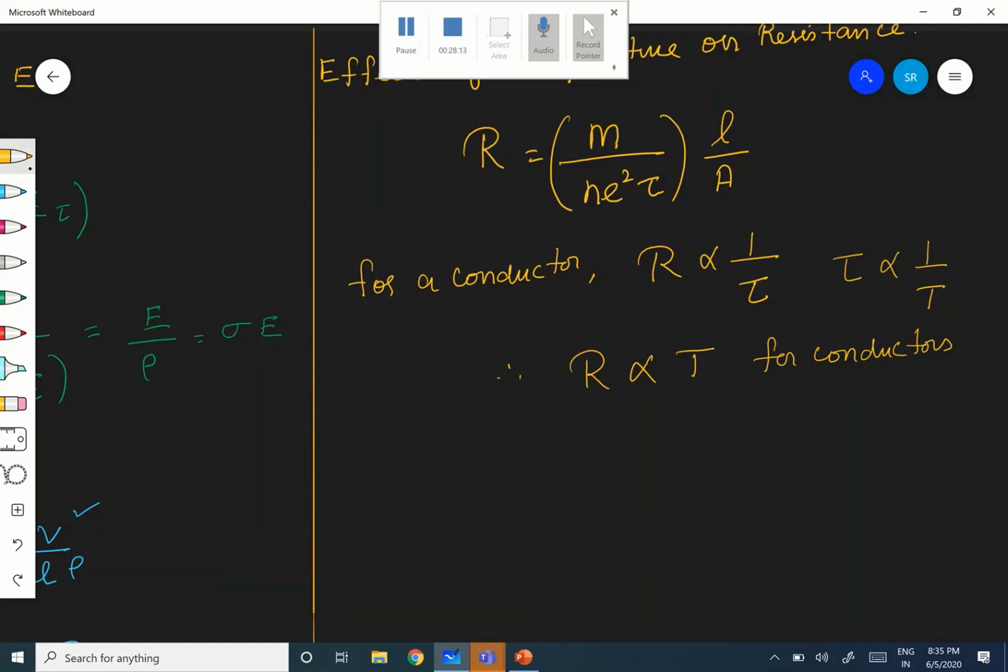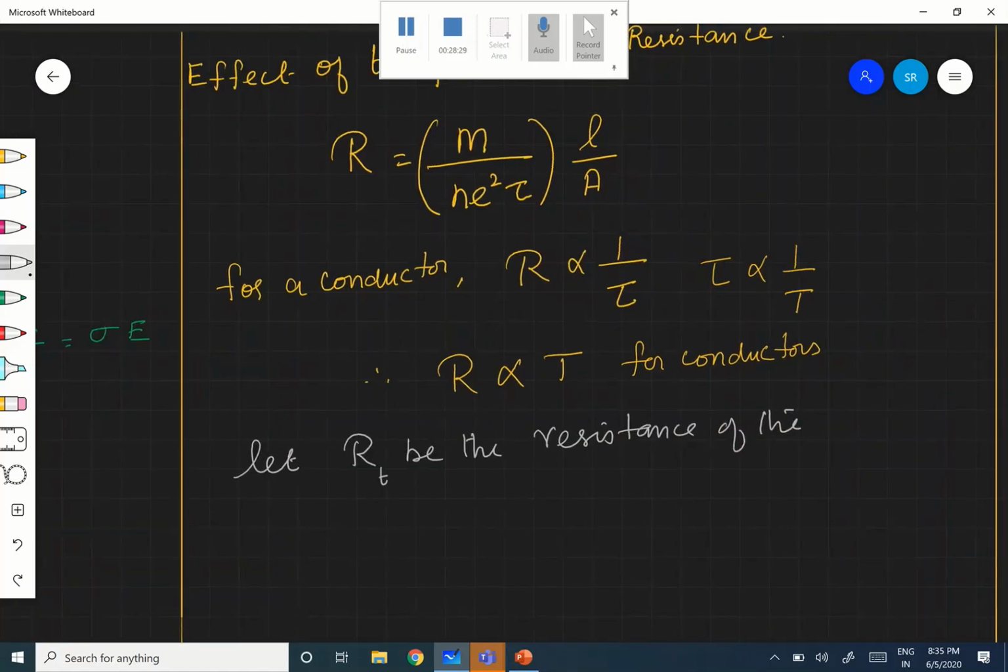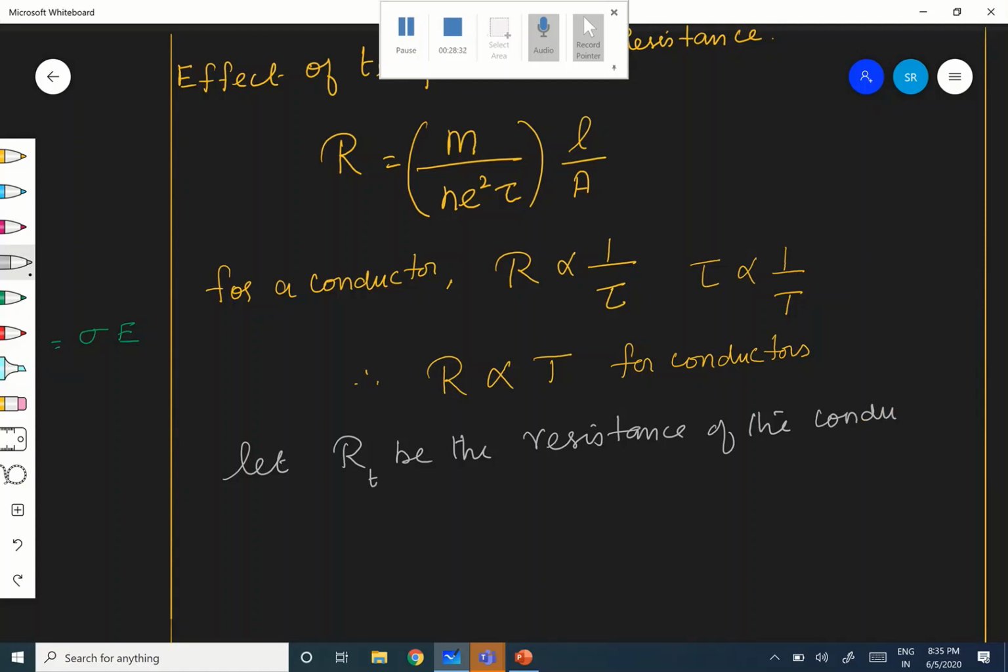Let R_T be the resistance of the conductor at T degrees Celsius, and let R_0 be the resistance of the conductor at 0 degrees Celsius.